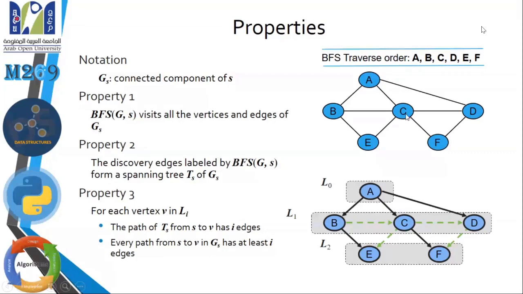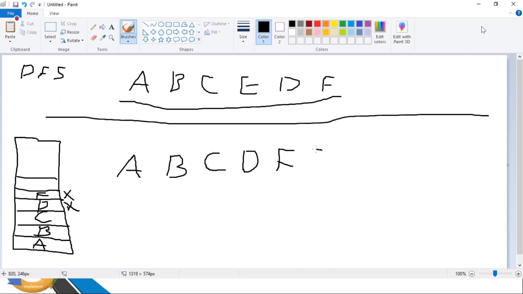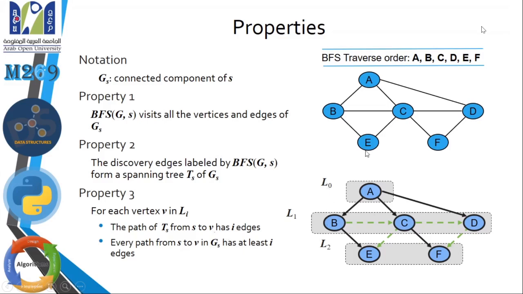Now, A already visited, B visited, D visited, F visited. So what is left? E. So now I will take E. E will be added right here. From E, I can visit B or C, but all of them are already done.